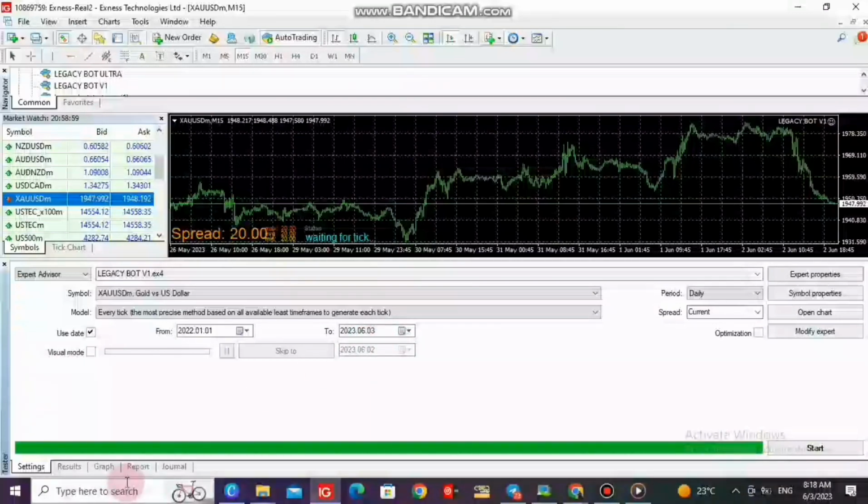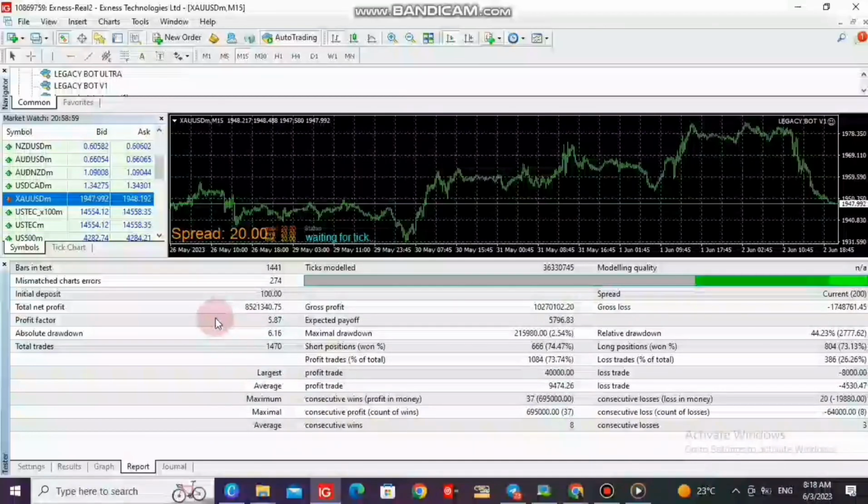So if you had that $100 back in 2021, you could have been up by over 8 million.